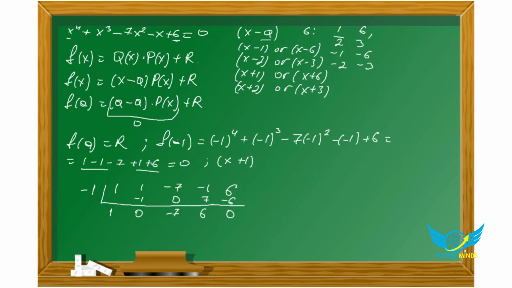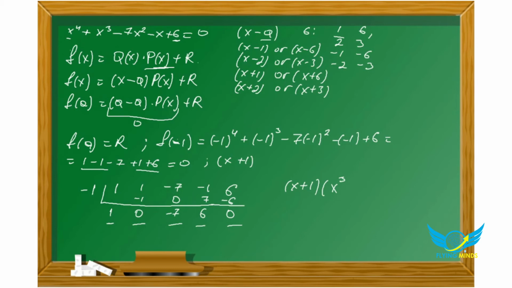Okay, so we've got our new coefficients for the quotient, the coefficients of p(x). So the result of the first step is x plus 1, and here we get x cubed; our degree reduced.